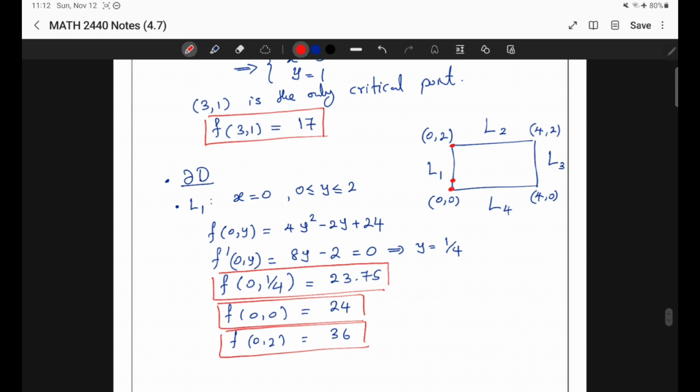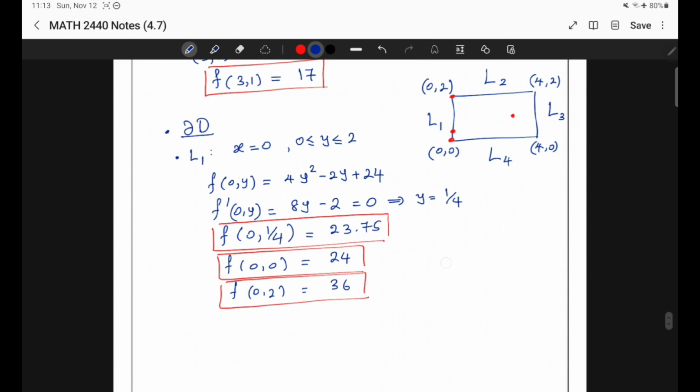Now, we had the (3, 1) critical point here. Then on the line segment L1 we found 3 special points. Now all these points that I am looking for are the candidates for the global maximum and the global minimum. So we are done with L1.